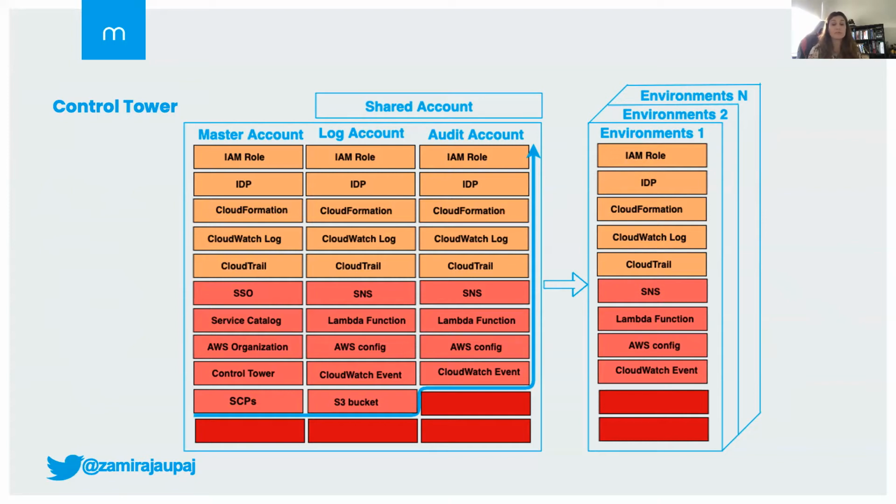What is the purpose of this account? Mainly, in this account are created all the services whose main purpose is to govern the whole landing zone. For example, single sign-on, and Service Catalog when you provision a new account. Control Tower itself is also hosted here, which sets up the landing zone and other services as well.